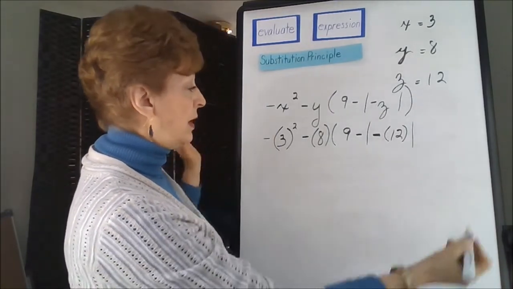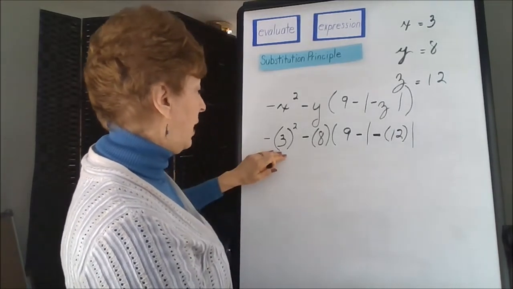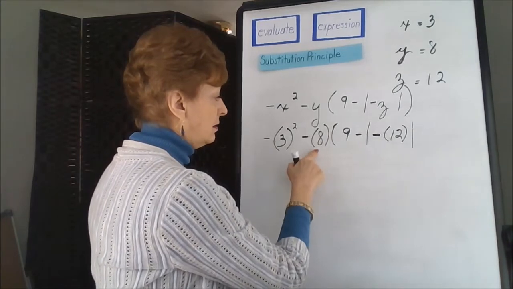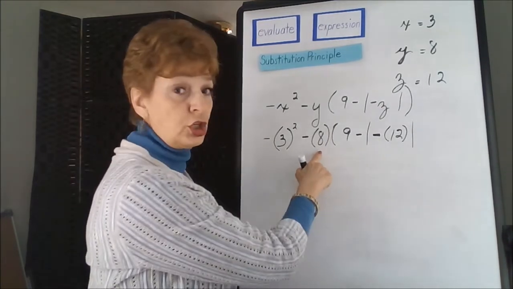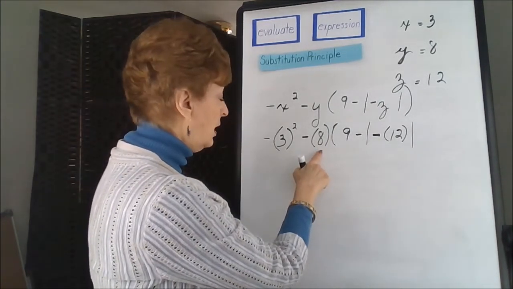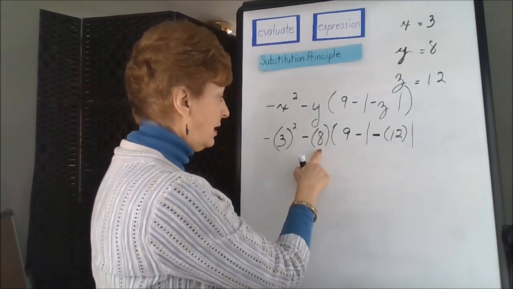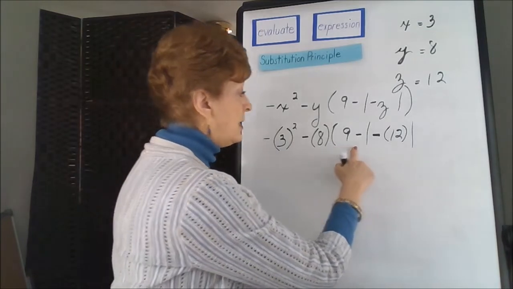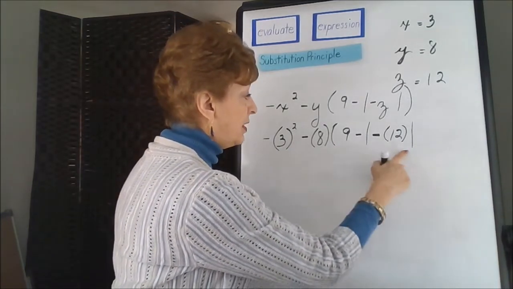All right, now when we look across our problem, we've got powers. Another set of parentheses. This is a single digit, it's a single term, I should say. So this 8 is ready to come outside the parentheses by itself. This term, however, has a couple of things going on.